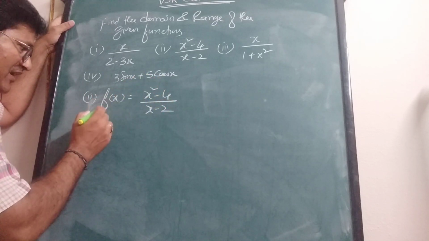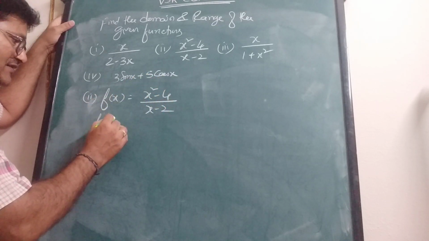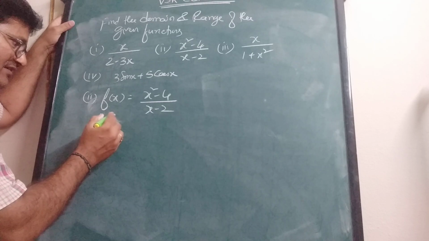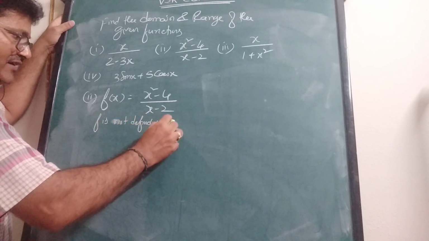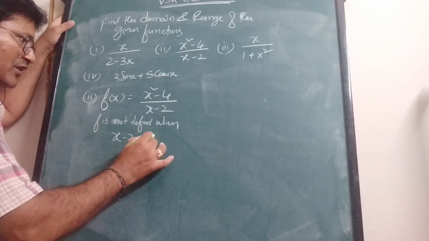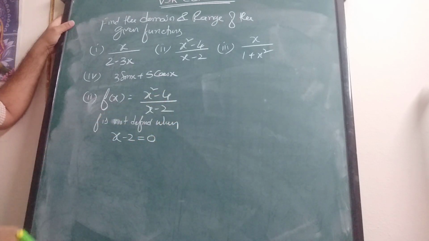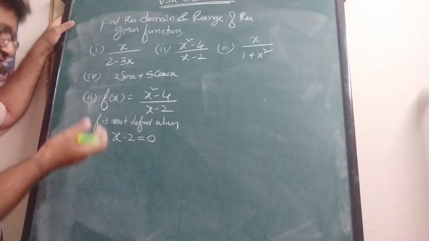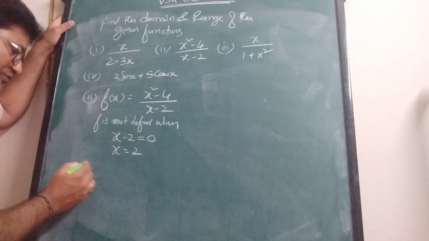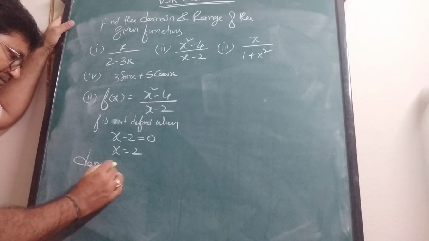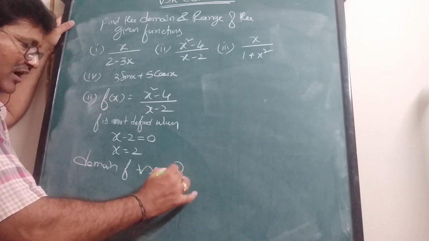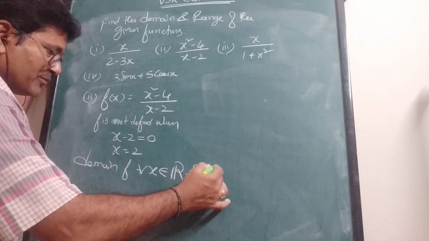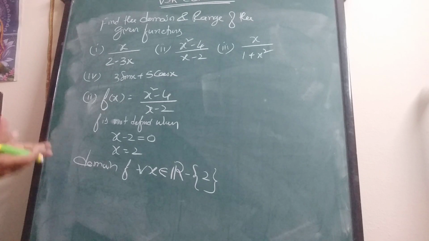Now this function f is not defined when x minus 2 equals 0. When the denominator value goes to 0, automatically this function goes to infinity. So it is undefined at x is equal to 2. So the domain of f is for all x belongs to R, just remove that element 2. This is its domain.